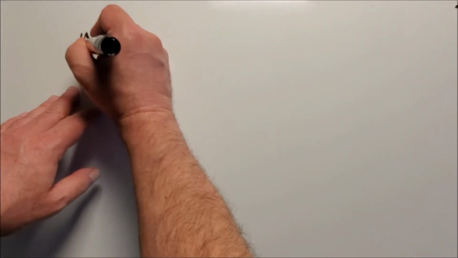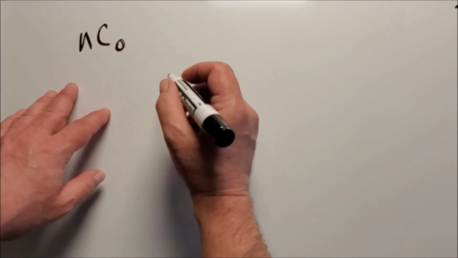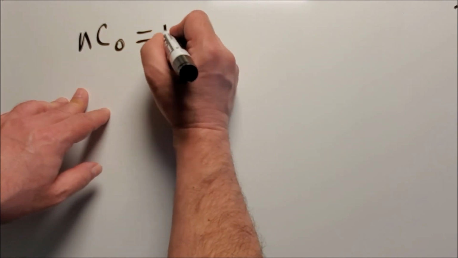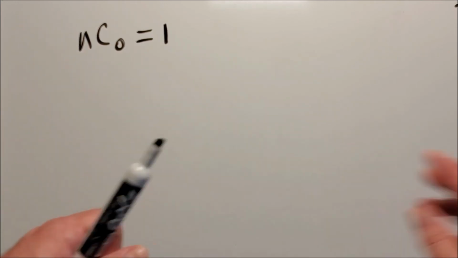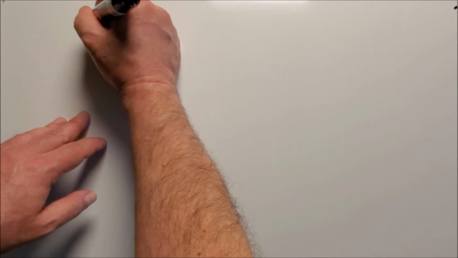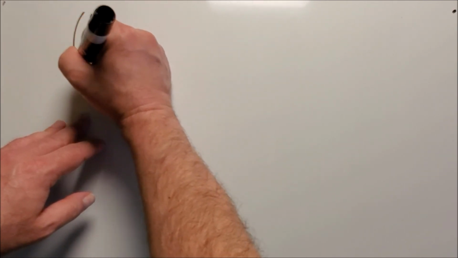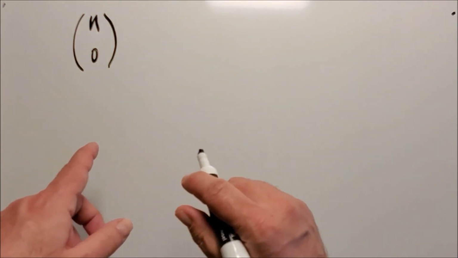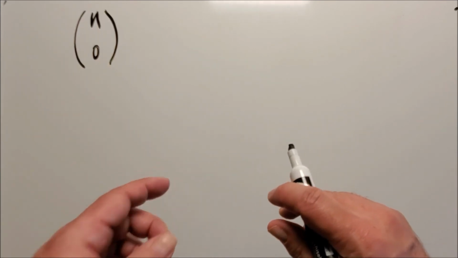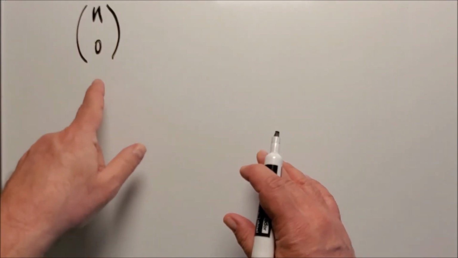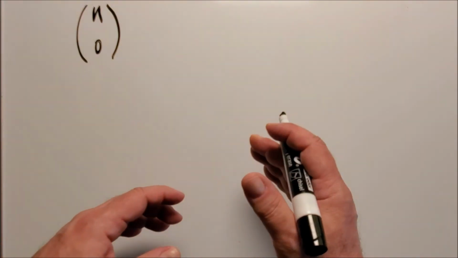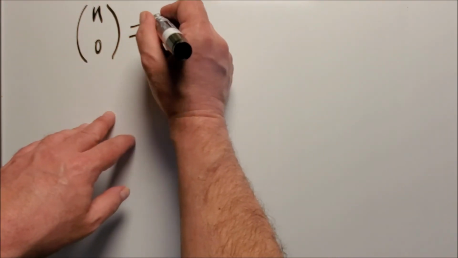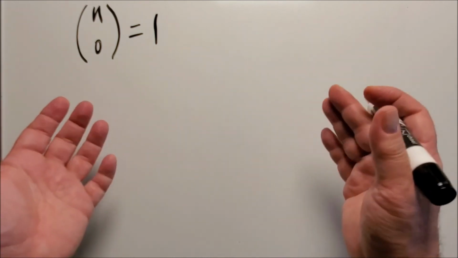In general, N choose 0 is 1. That makes sense because we're asking how many different ways are there for us to choose 0 spots from within a sequence of n spots, and there is only one way not to choose any.